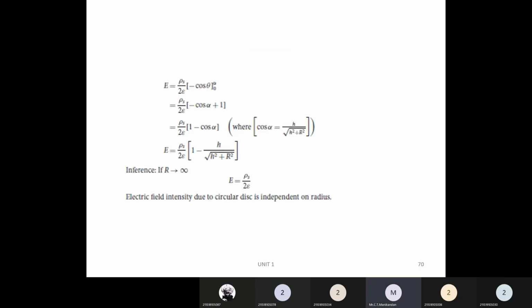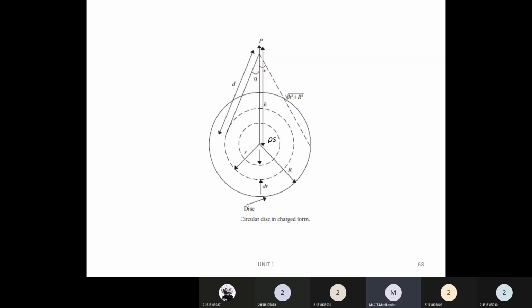So you will have E equal to rho s by 2 epsilon into 1 minus h by root of h square plus r square. From the diagram, h by root of h square plus r square is called cos alpha, the cos component being adjacent by hypotenuse.